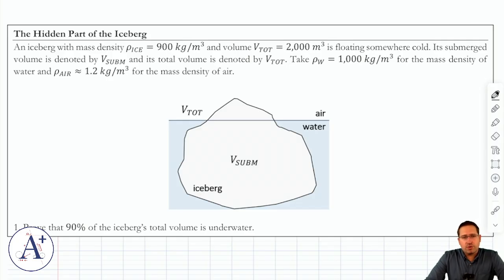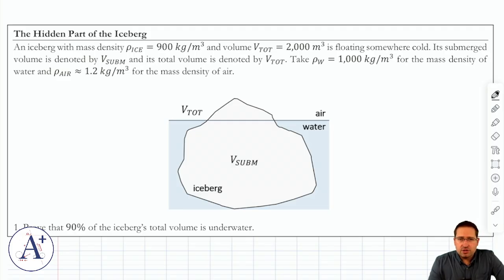Okay, so we have an iceberg which has a mass density of 900 kilograms per cubic meter because it's made of ice, and a total volume of 2,000 cubic meters. And it's floating somewhere cold, and it has a certain volume that is submerged, literally called V-submerged, which is convenient.